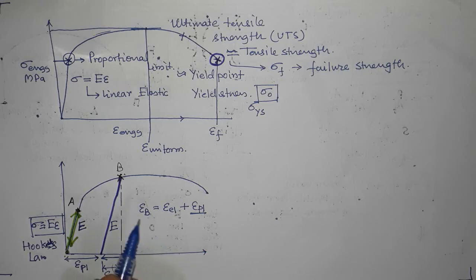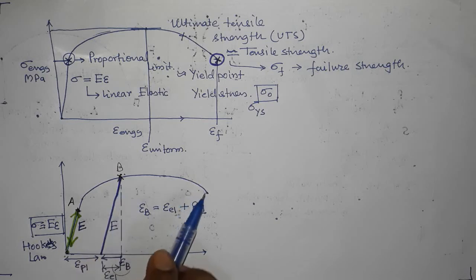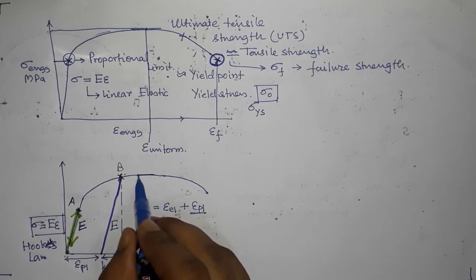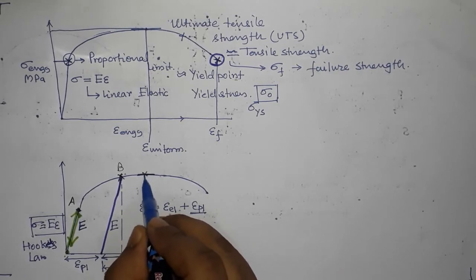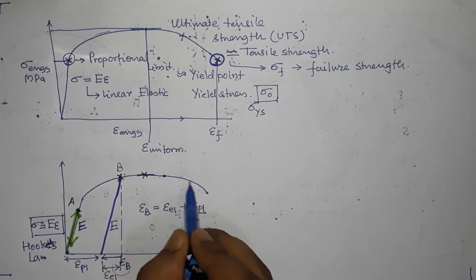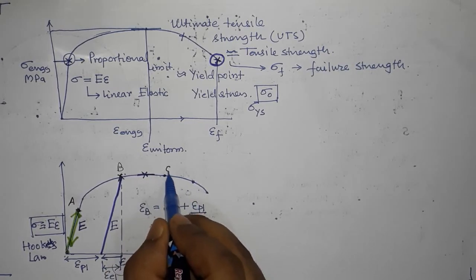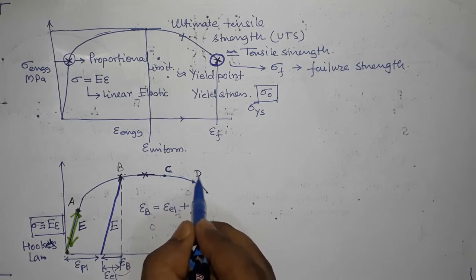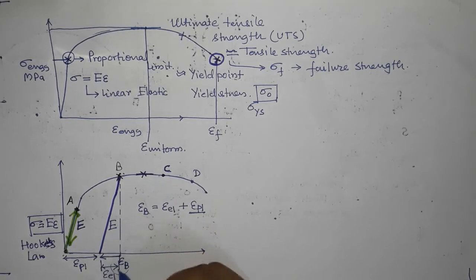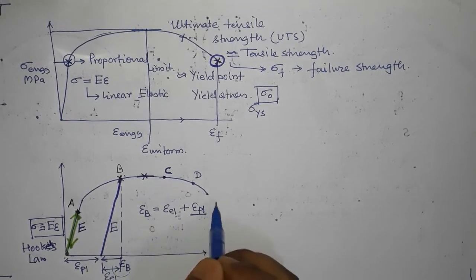Although we are not going to study that part here, because I am explaining this, I should also tell you that after crossing this ultimate tensile strength part, if you unload it from this point or this point, so let's call that C and D, right? If you unload it from this point, you will have similar phenomena of elastic and plastic deformation.